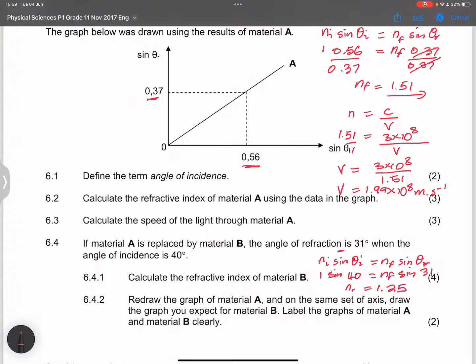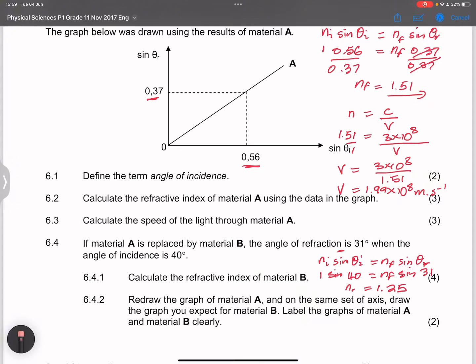Now they say to us, redraw the graph for material A on the same set of axes, and draw the graph you expect from material B. Label the graphs of material A and material B clearly. Now, ladies and gents, what you note there is that the refractive index for material B is actually lower. But remember that this graph here gives me the sine of theta r.